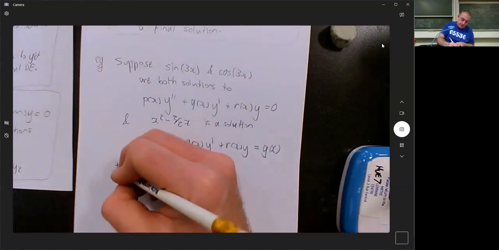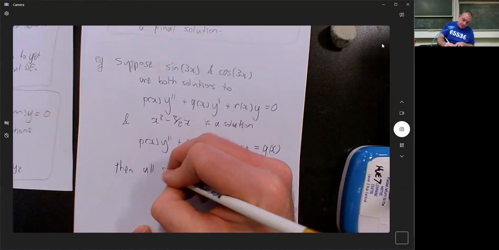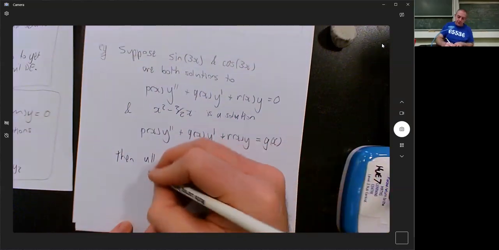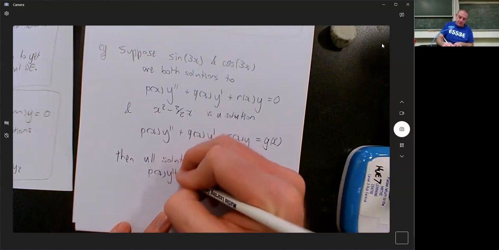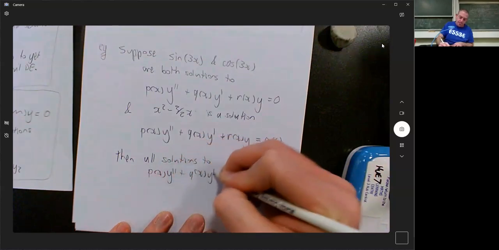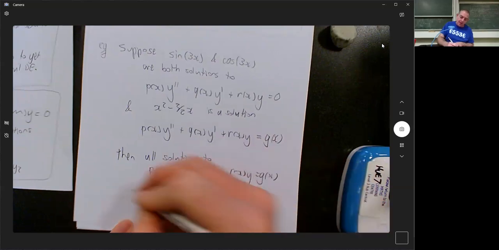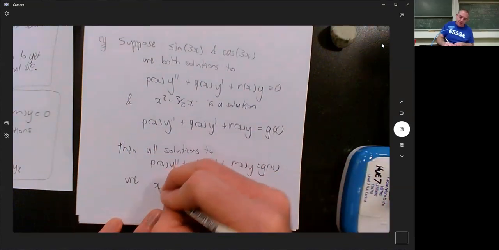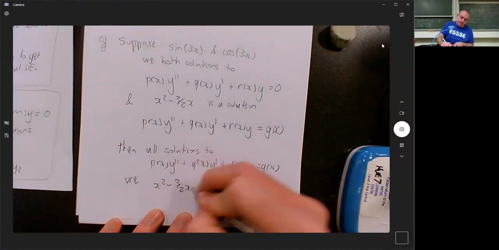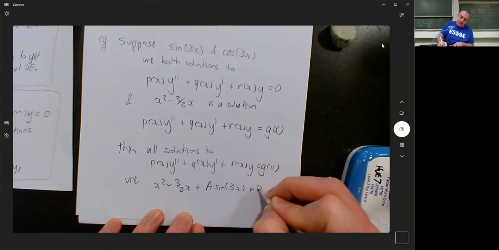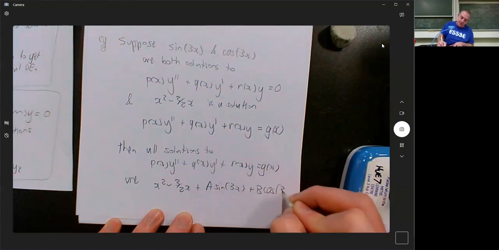Then all solutions to this are this one solution plus something times that plus something times that.